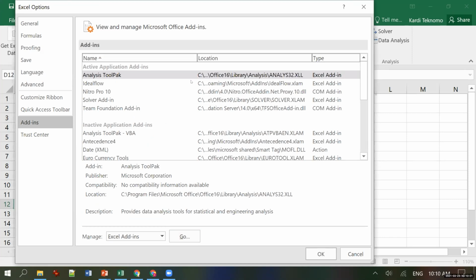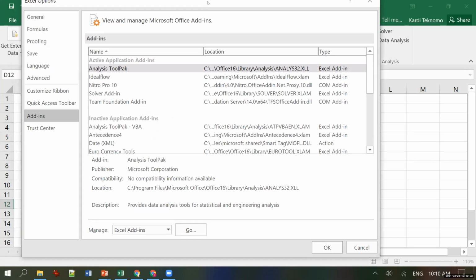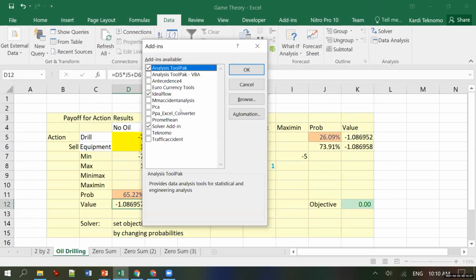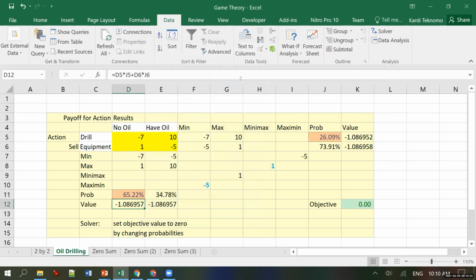And then you go to Excel Add-ins here, and then Go. There is a solver here. Oh, I see. You check that and then click OK. Okay, I'll try. Excel solver is already there, but you need to check that option.